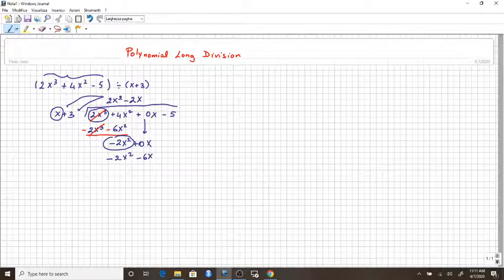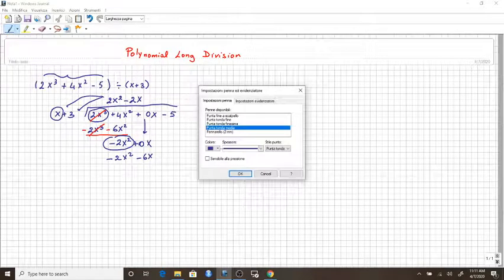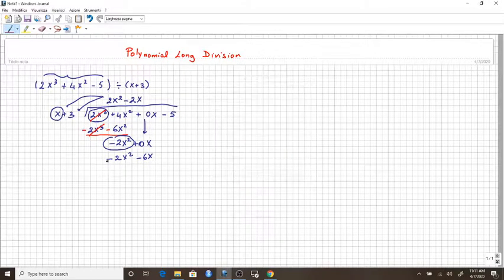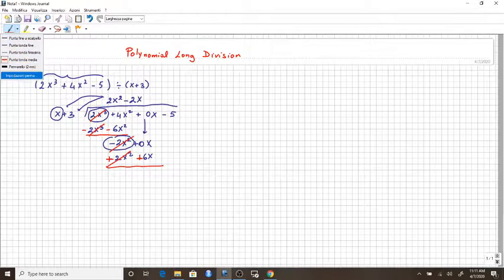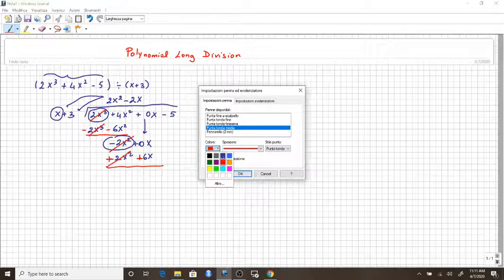We change the sign, so this will become positive, this will become positive, and then we combine the terms, so the first is supposed to simplify, and now we have a 0x plus 6x, which is going to add up to 6x.